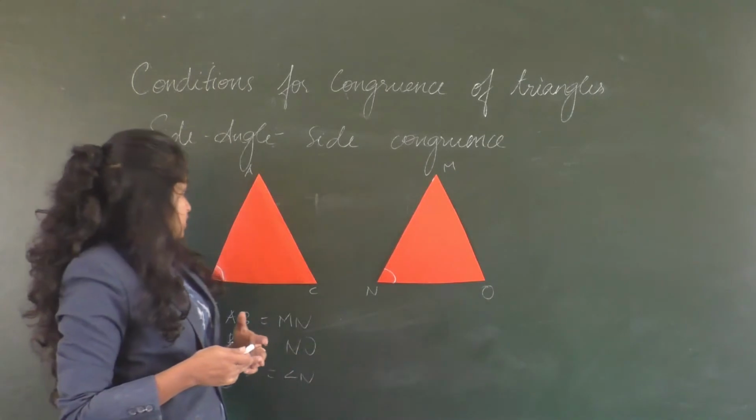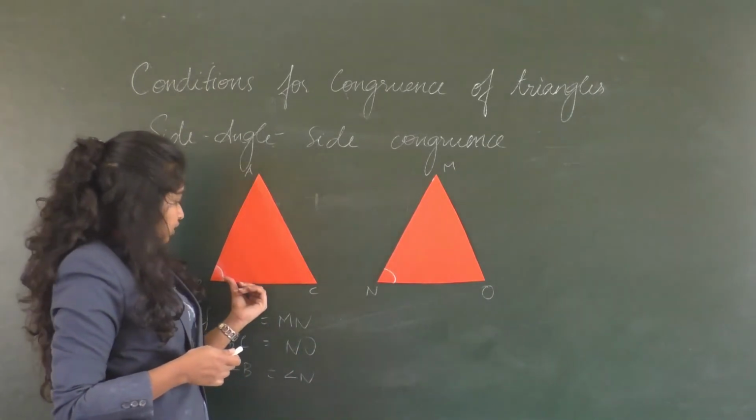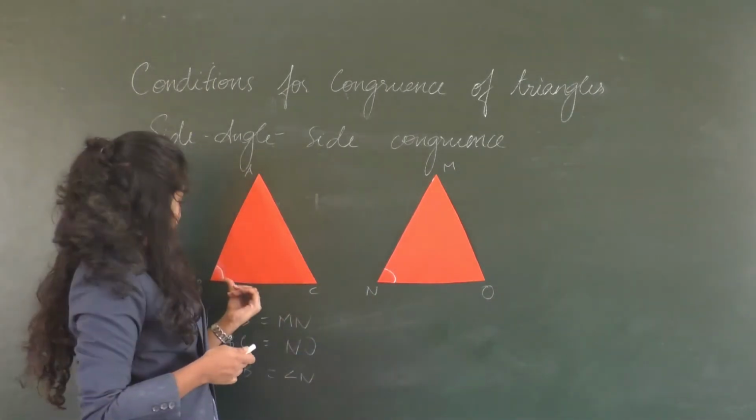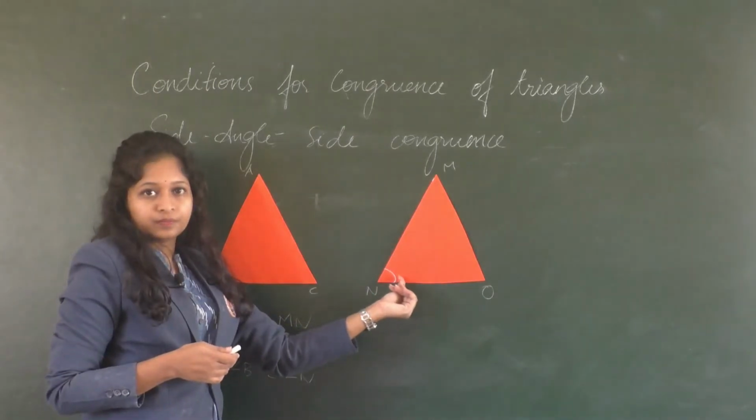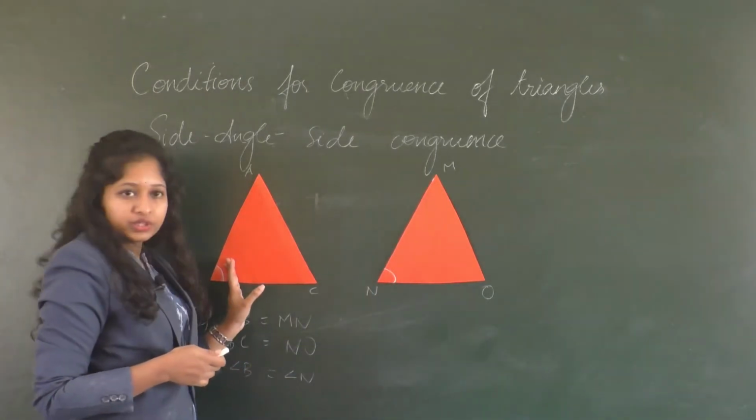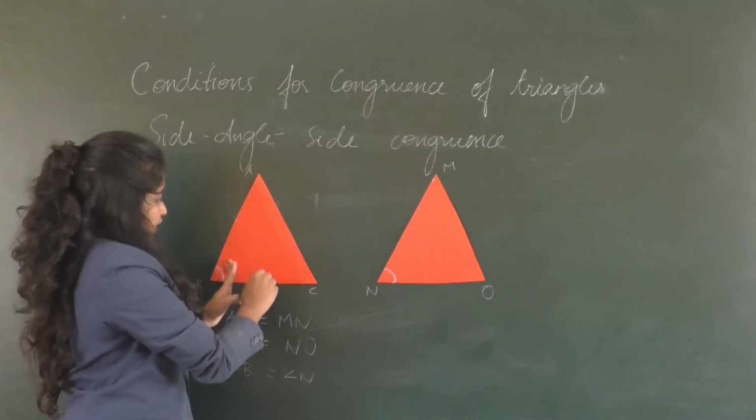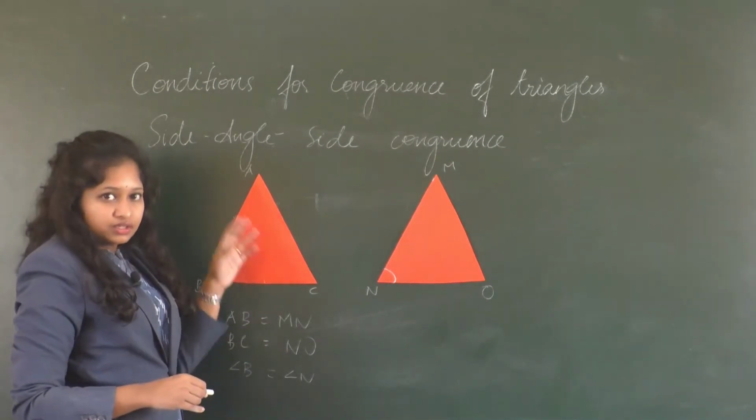Okay, that means here I have marked two angles, angle M and angle N. If this is the included angle, this and this should be the sides.